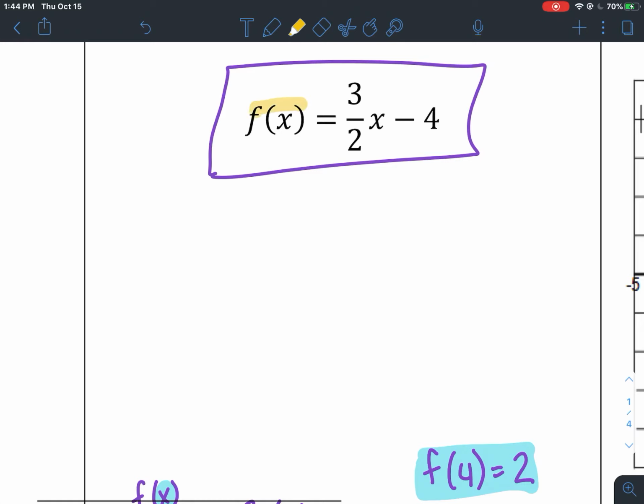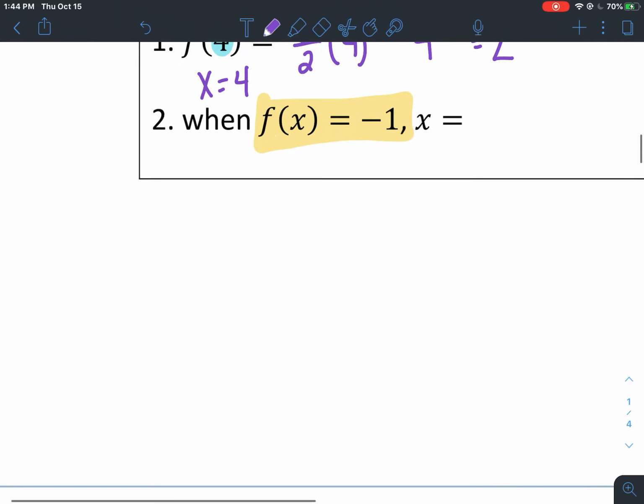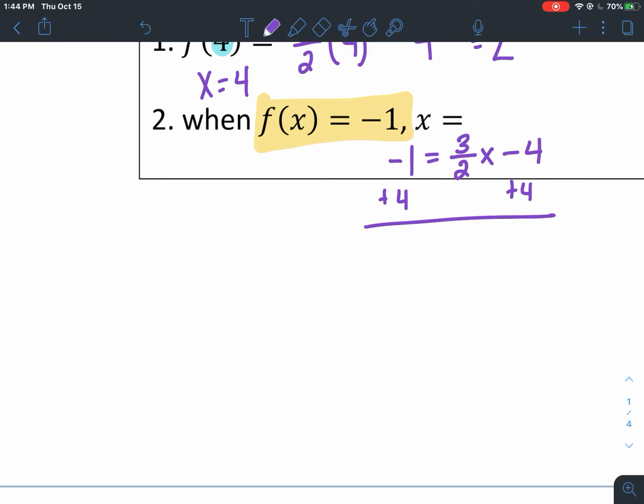So I'm going to plug in -1 for f of x. So we have -1 equals 3 halves x minus 4, and I'm solving for x. We'll add 4 to both sides. We'll get 3 equals 3 halves x.